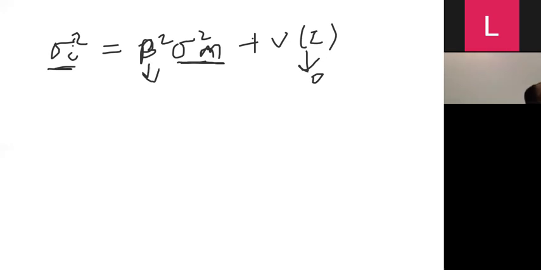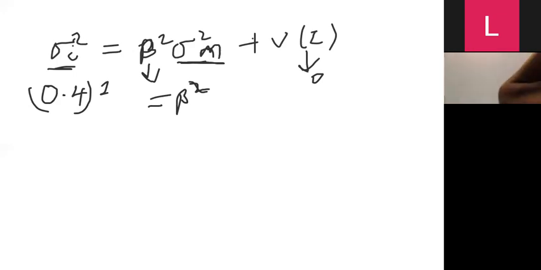The volatility of Microsoft is 40%, so I'll write 0.4 all squared equals beta squared times the market, 0.18 squared.